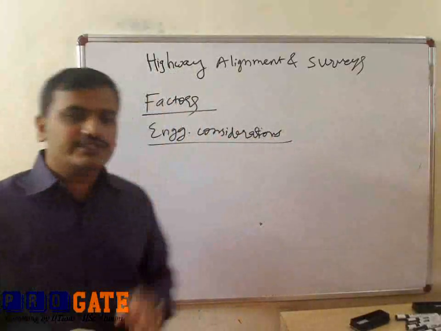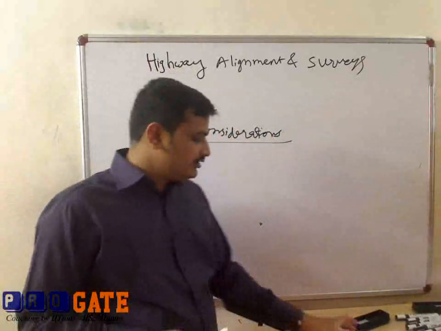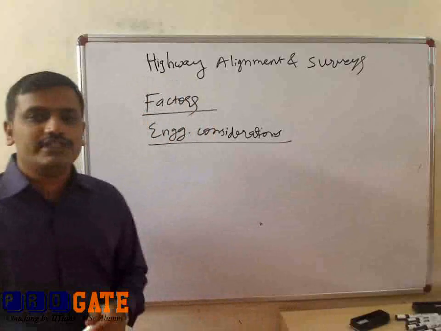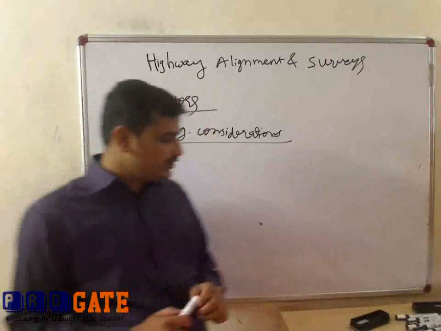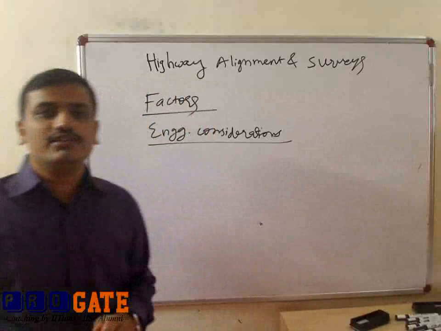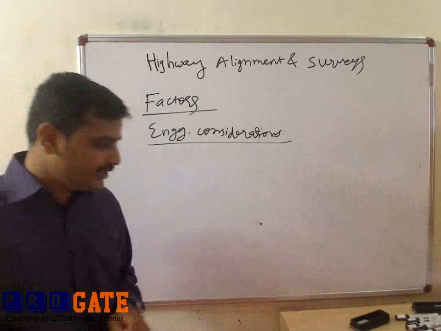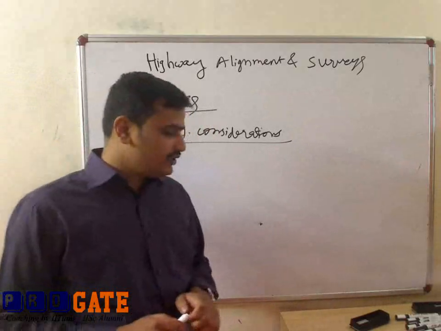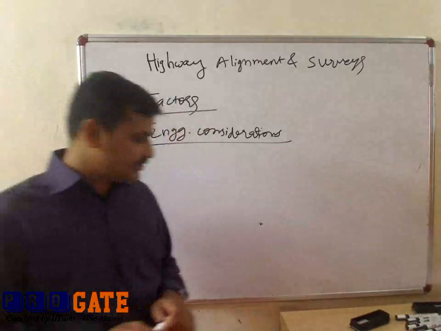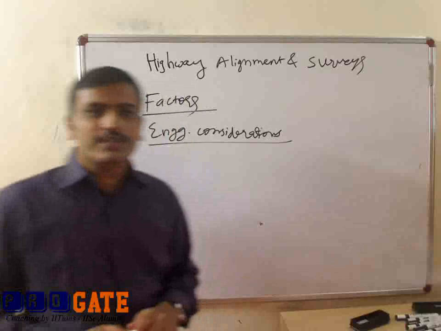Engineering considerations for the highway alignments are, firstly, the map study. Then here comes the reconnaissance study of the area. One should have a site visit to select a particular highway alignment to make it more economical and easy to construct. Then here come the preliminary surveys.